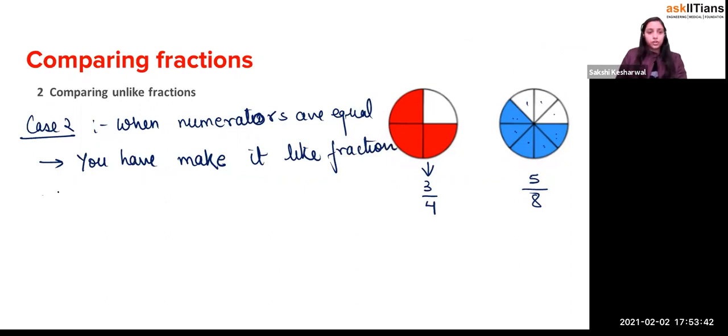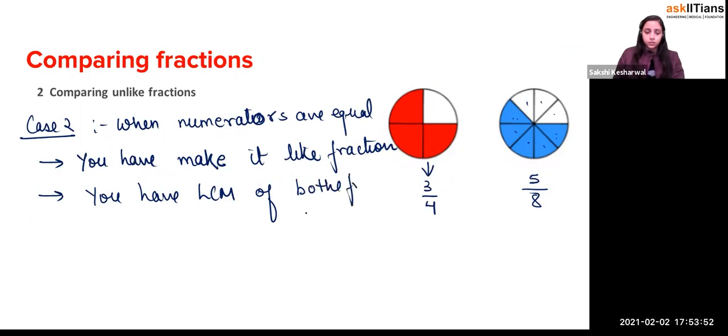So for like fractions, what do you have to do? You have to take the LCM of both fractions' denominators, right? LCM of denominators.